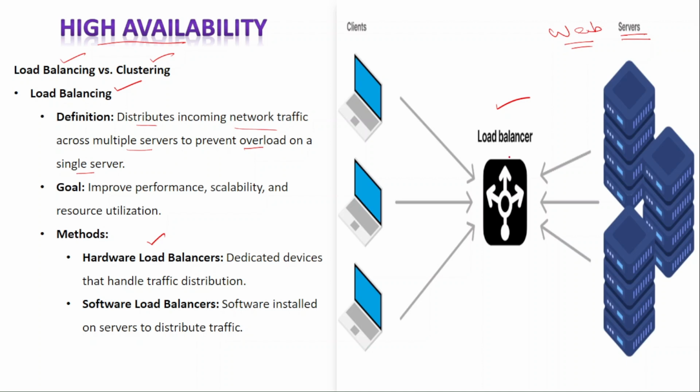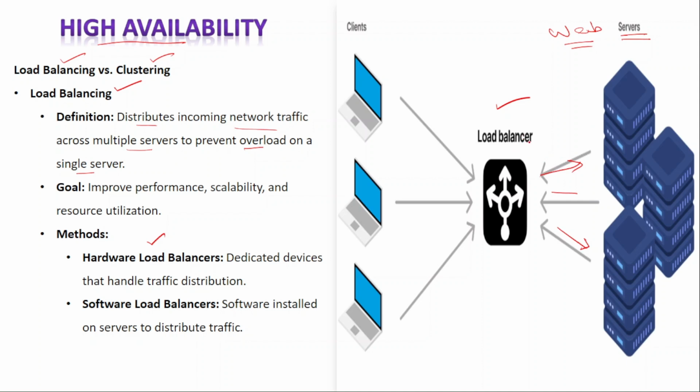The purpose of the load balancer is that there are multiple servers behind it, and all the incoming client traffic is received by the load balancer and evenly distributed among these servers, so that not a single server is overloaded or overburdened with the clients' requests.